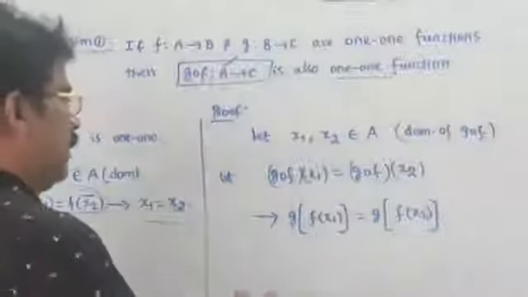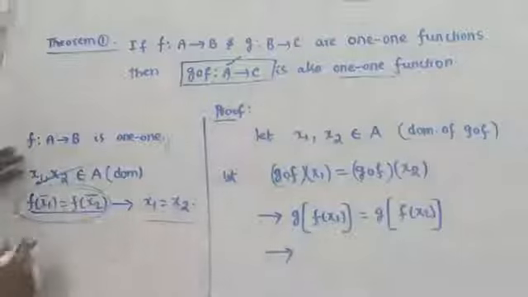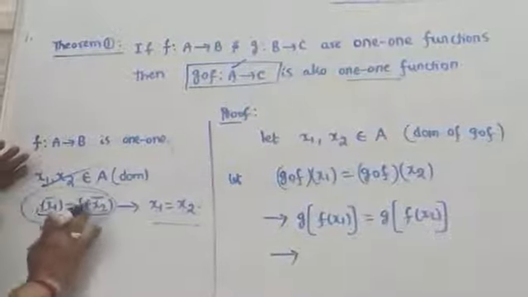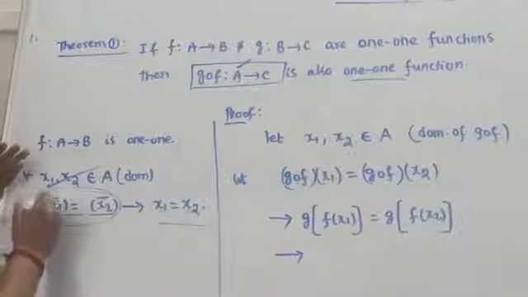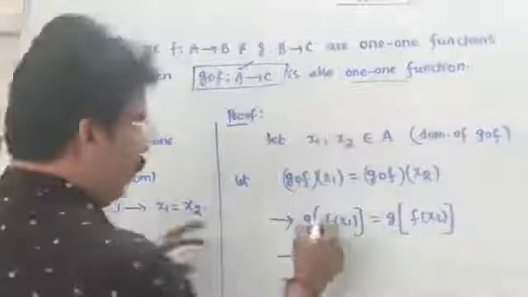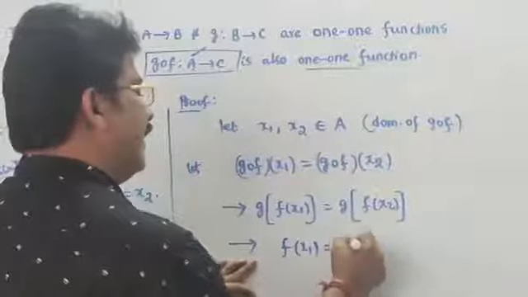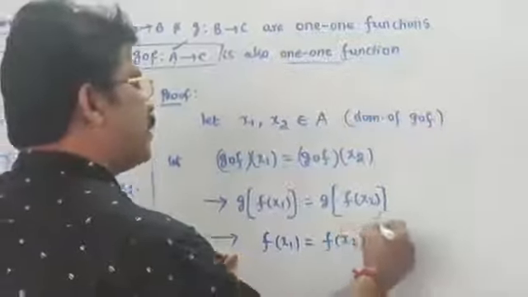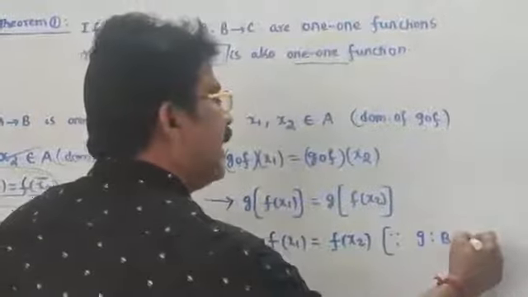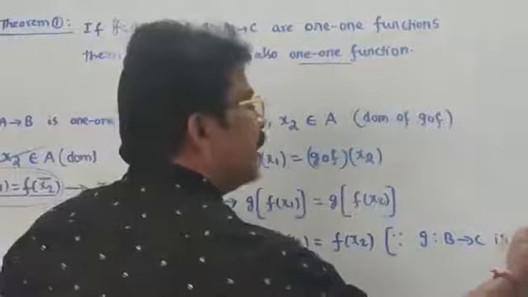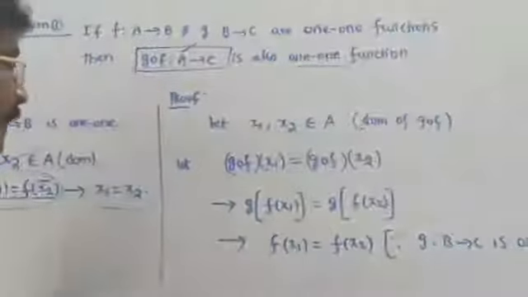So that implies, as I said here, just erasing the letter G, it is f of x1 is equal to f of x2, since G from B to C is one-one function.